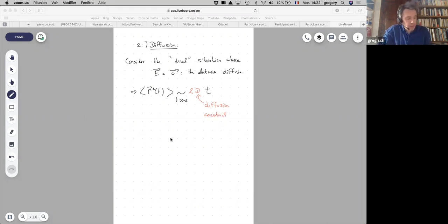Now, it turns out that D, the diffusion constant, and sigma, the conductivity, are related, and that's why I call this the dual situation. They are related by a fluctuation dissipation theorem, if you want, which relates, on the one hand, the intrinsic fluctuations of the system in the absence of any external driving force, to the linear response of the system in the presence of a small external driving force.